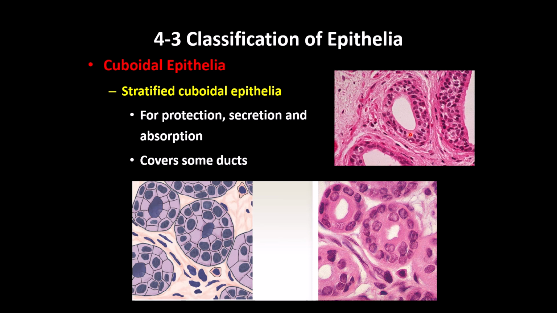And also in this image, this is one layer, and this is the second layer. So here is multiple layers actually. Here, one layer here, and one layer. It's a little bit more difficult to see. Okay, so it covers some ducts in the body.